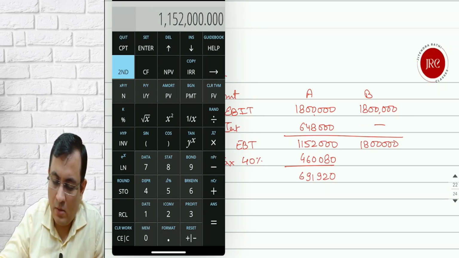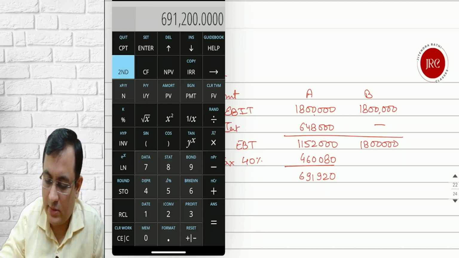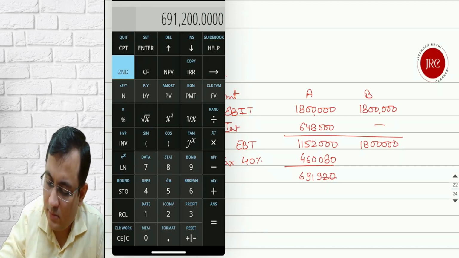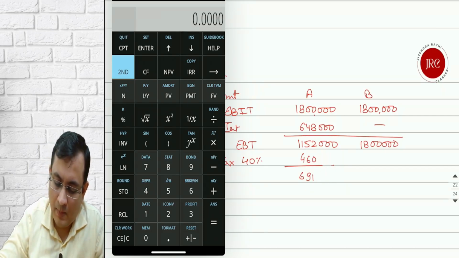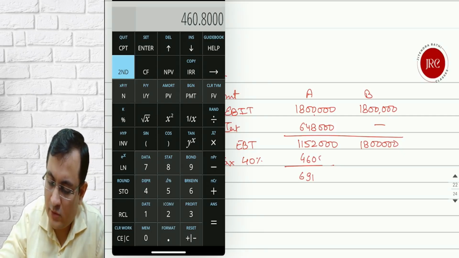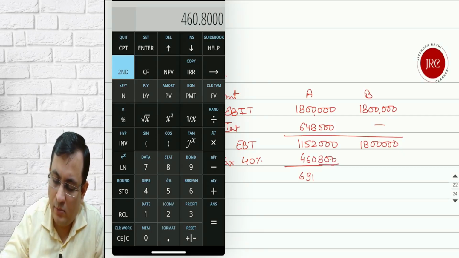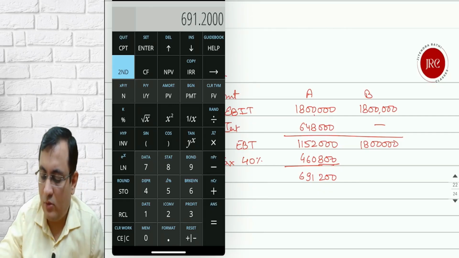I have done some mistake. This is 1152 into 0.4, 460,800. So this is going to be 691,200.